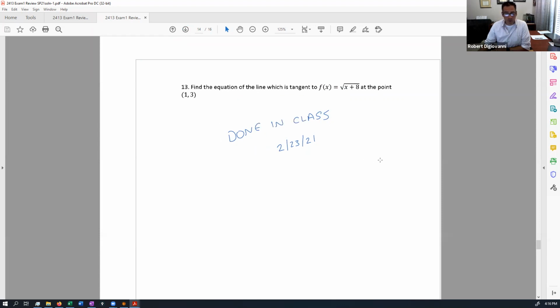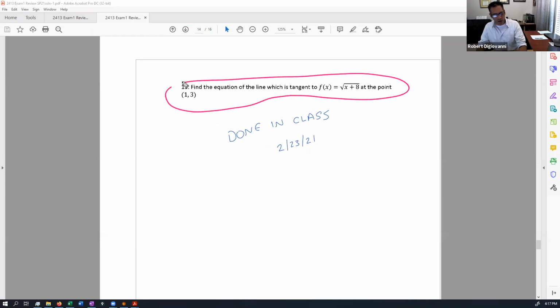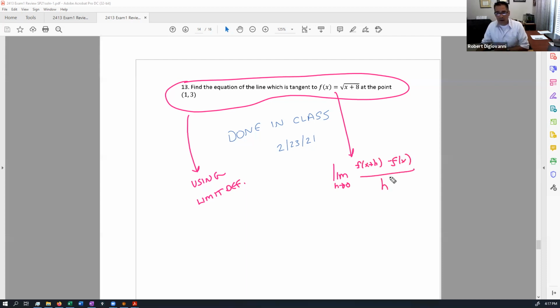So for you, on the test, on just a few problems, maybe one or two, I'm going to tell you to find the equation of the tangent line using the limit definition, which means you will have to find that derivative using the good old fashioned limit as h goes to 0 of f of x plus h, all that stuff that we did in class. You'll have to do that.